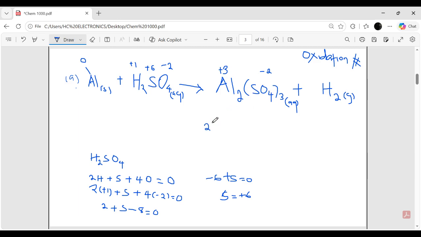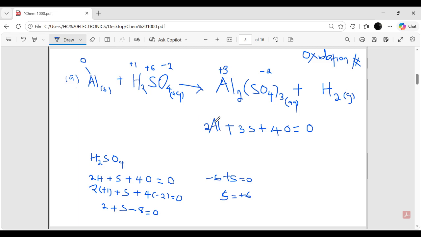Okay, so for sulfur, you do the same thing we did. We say 2 aluminium plus 3 sulfur, then plus 4 oxygen is equal to, what was the power? It was 0, so it is equal to 0.